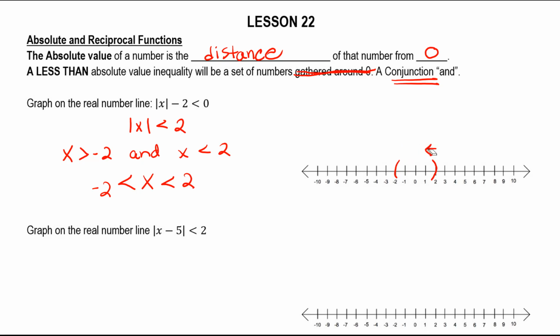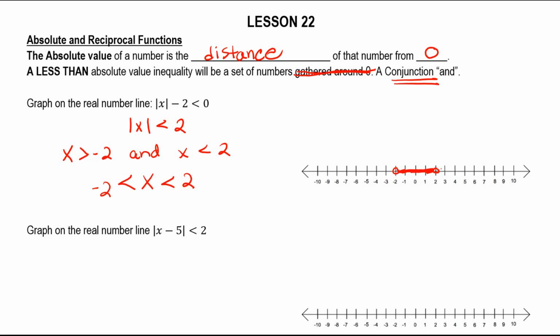Okay, so to graph this, we're going to put an open circle on negative 2 and an open circle on positive 2, because we don't want to include those values, since it's x less than 2. Then we'll include all the numbers between those two values. So it's a little group of numbers, in this case, centered around 0.